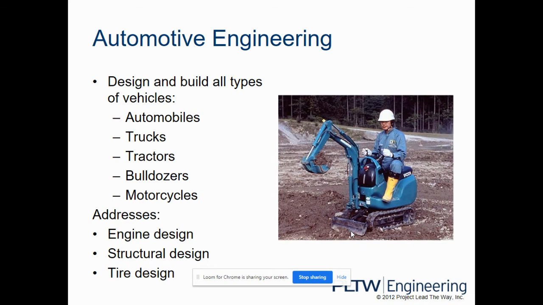But in general, automotive engineering, anything that travels for a purpose: automobiles, trucks, tractors, all sorts of things. You have to have some kind of motor inside, and the energy generated by a motor has to be transferred to something to make you go.